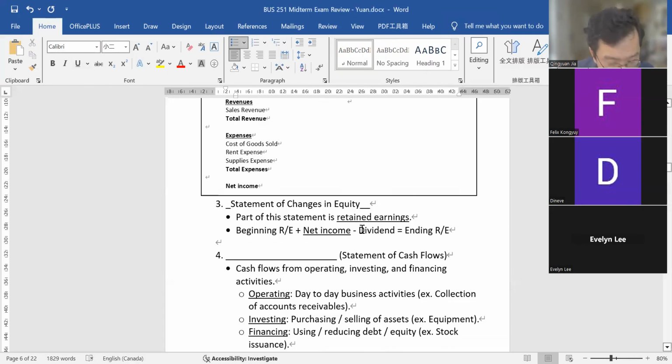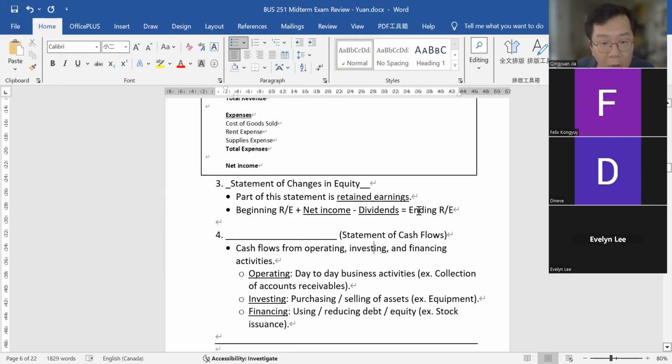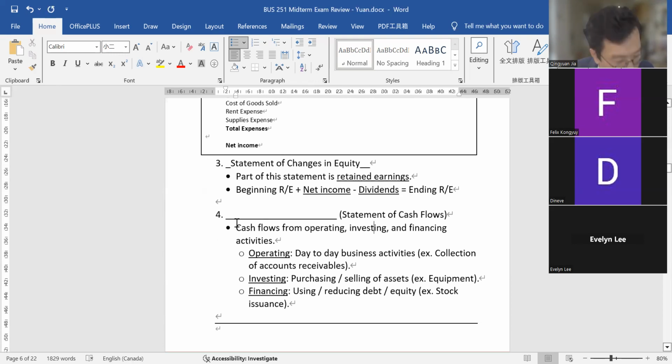You subtract the dividends that you pay to your shareholders, right? And then you get the ending balance of retained earnings. Okay, next thing.